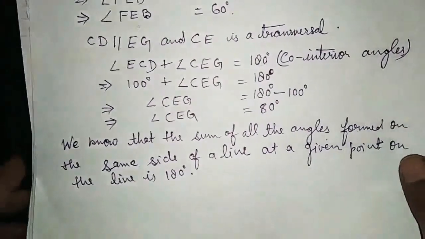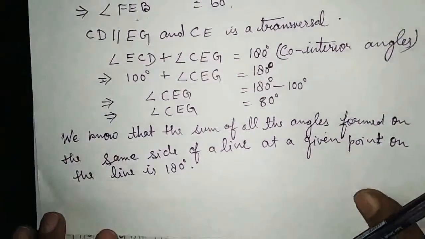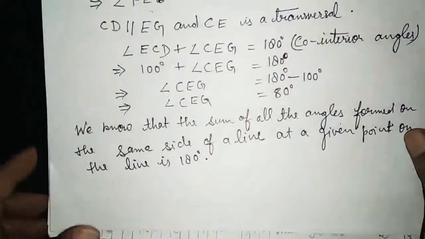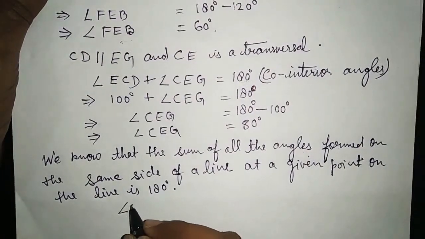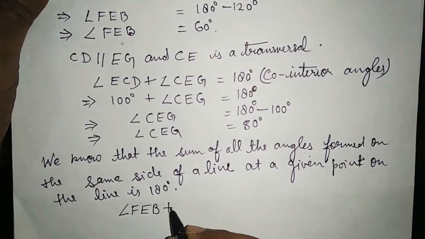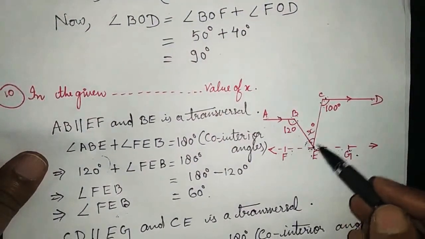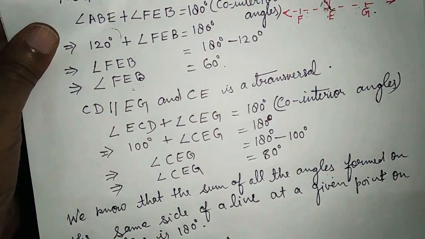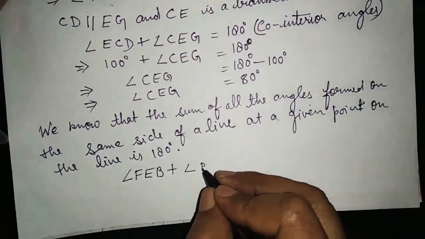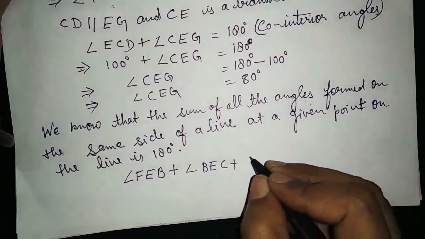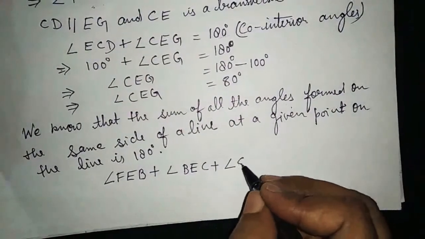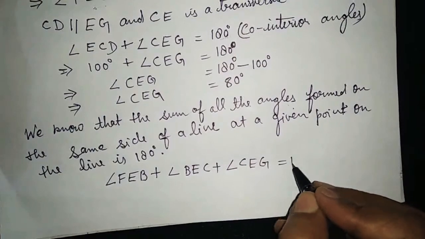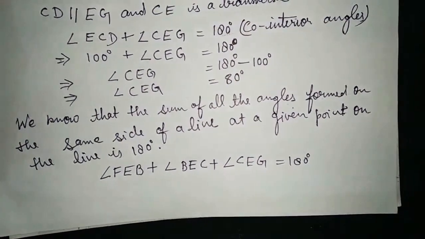So the step will be: angle FEB plus angle BEC plus angle CEG equals 180 degrees.